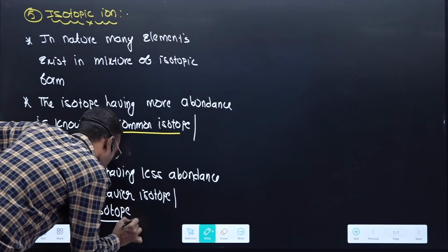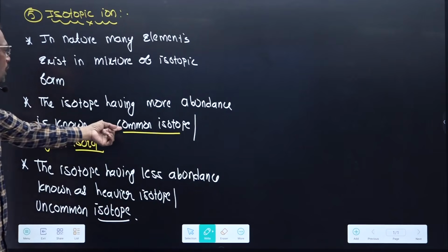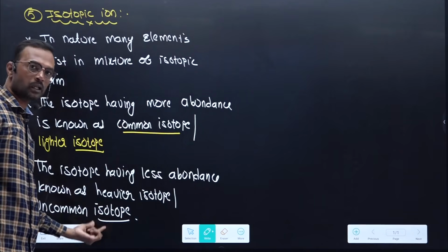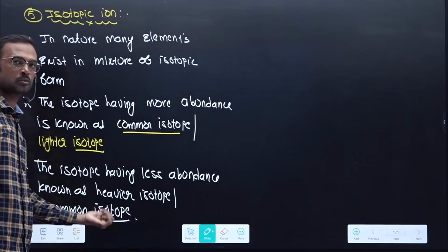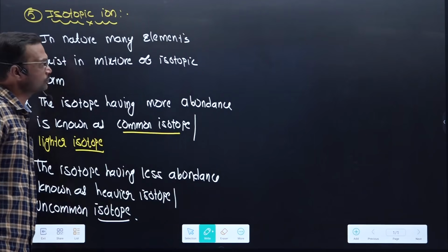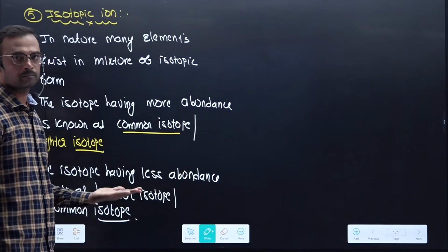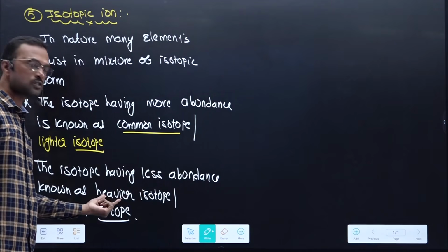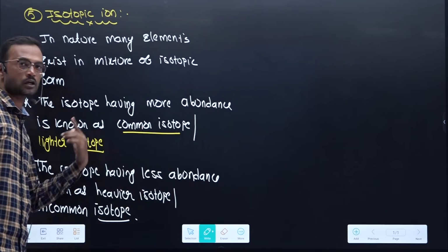This is the uncommon isotope, and this is the common isotope. The common isotope is commonly available. This isotope is not commonly available, that's why it is called the uncommon isotope. This is also called the heavier isotope, meaning the mass is very high. Due to higher mass, availability is very low. This is most common, this is less common.